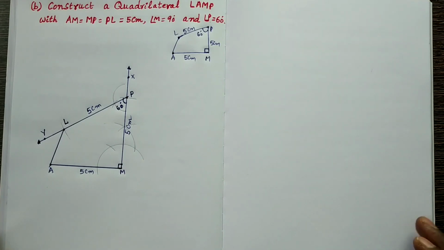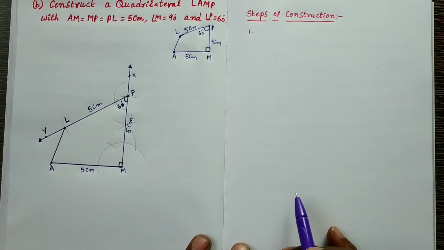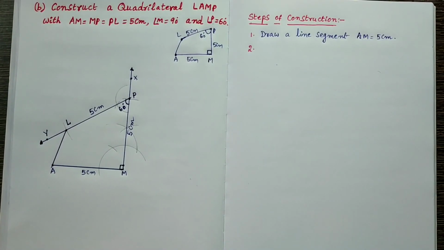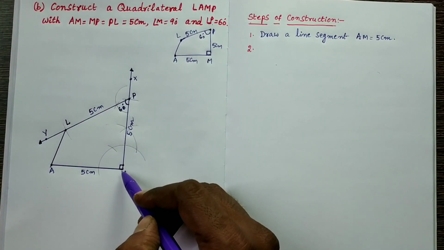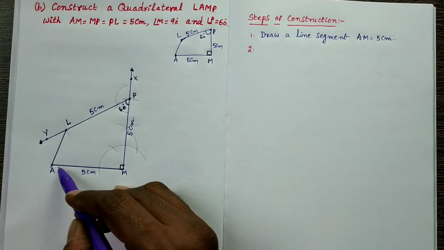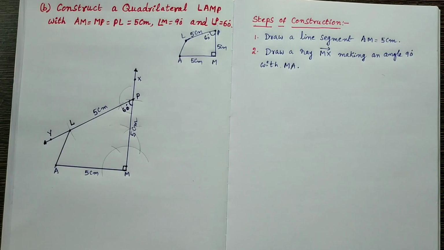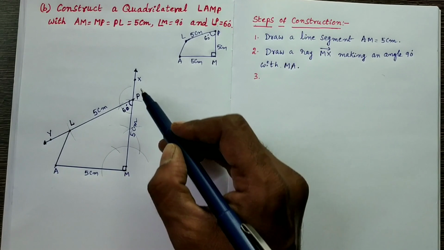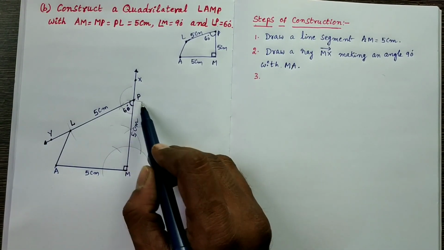Now let us go to the steps of construction. The first step is draw a line segment AM = 5 centimeters. Second step is draw a ray MX making an angle 90 degrees with MA. Third step is take M as center, 5 centimeters as radius, draw an arc.